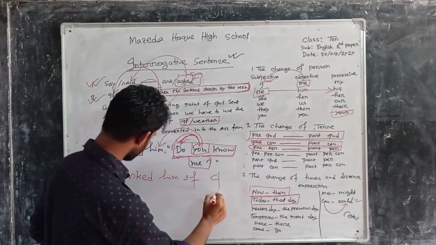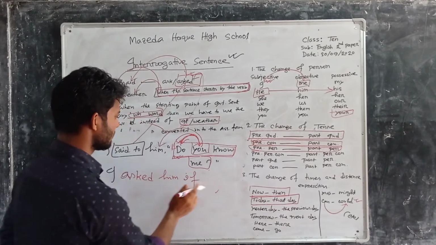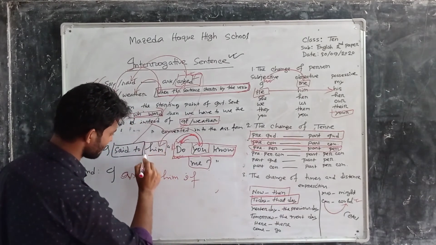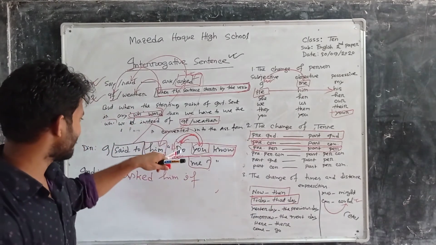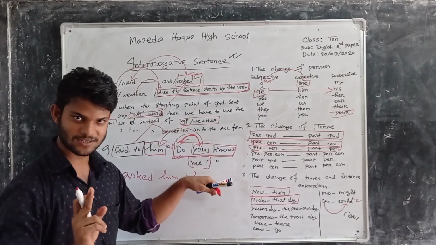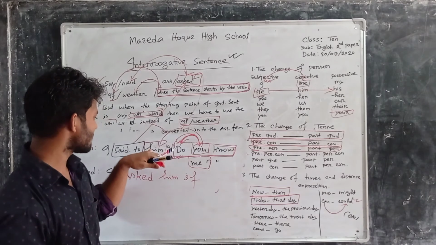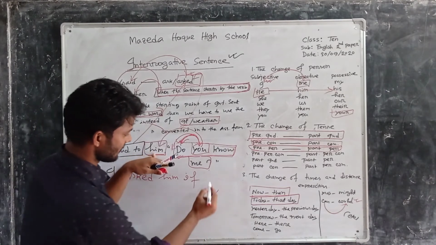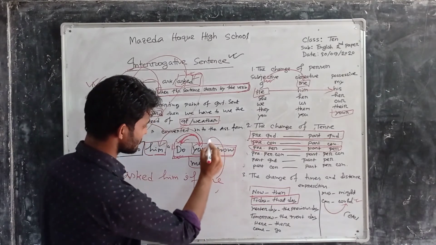And the object of reporting verb is a third person, and it is him. We have to use here a subject, and the subjective form of him is he instead of you.